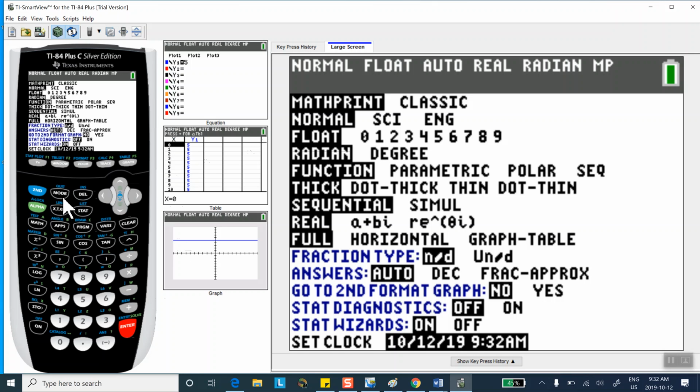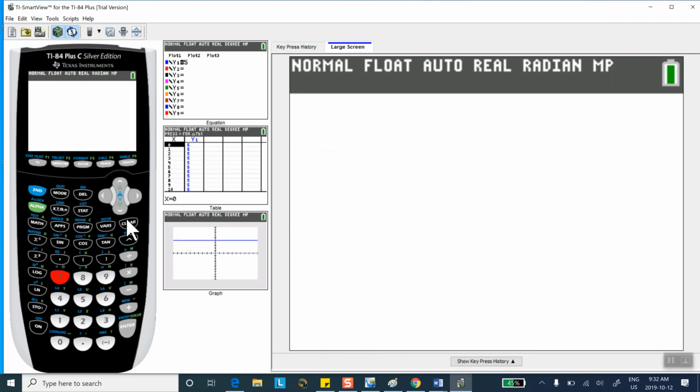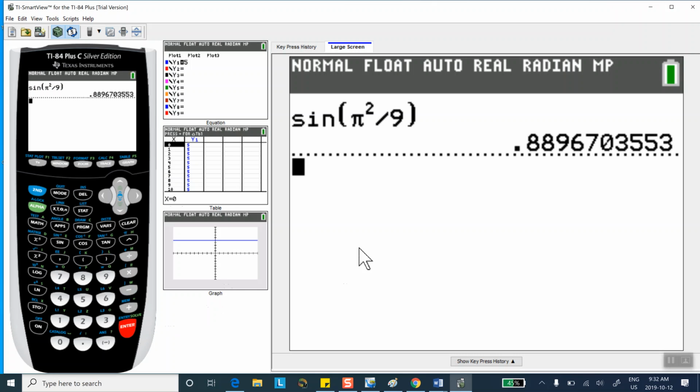All right, so let's go ahead to our sine of parentheses pi squared, there's the pi squared, divided by 9, and 0.8896.